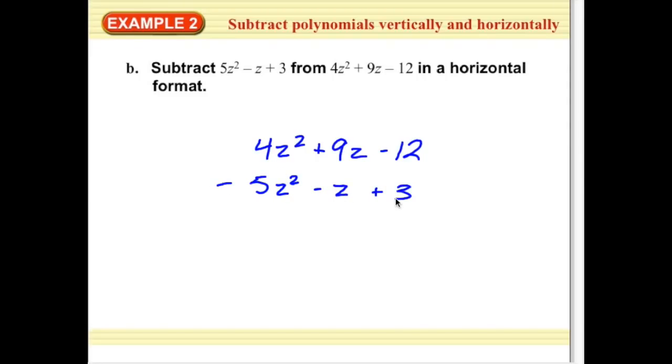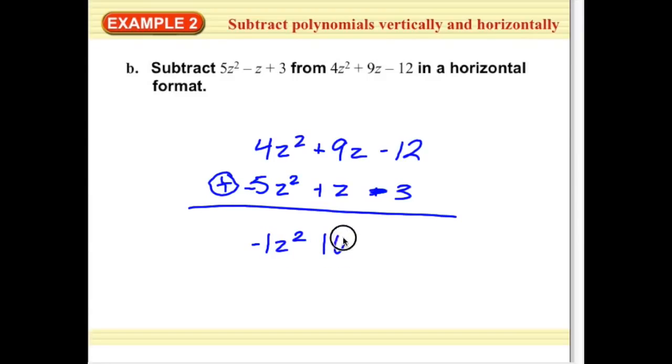Again, I'm going to change this to addition, so I'm going to change my signs throughout. And then combine. Positive 4 and negative 5 is negative 1 z squared. Positive 9 and positive 1 is 10z. Negative 12 and negative 3 is negative 15. So that is my solution.